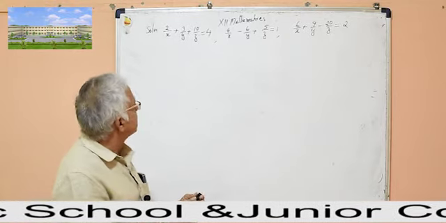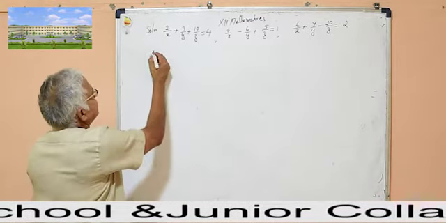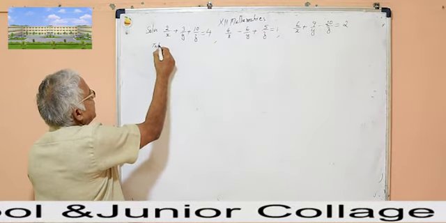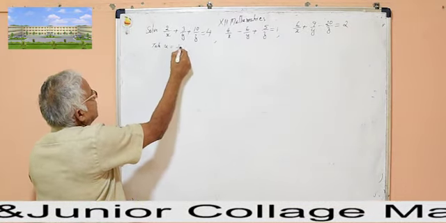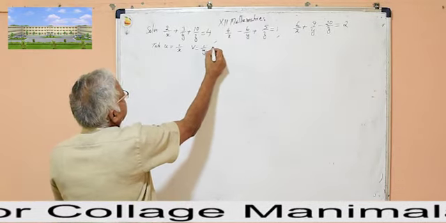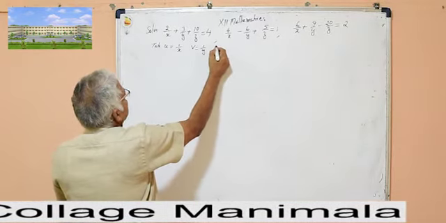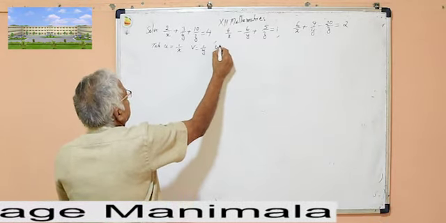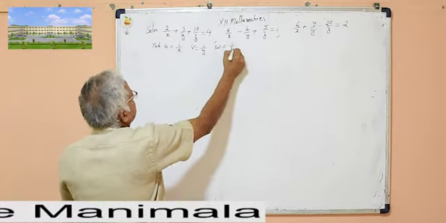So in this method we first take u = 1/x, v = 1/y, and w = 1/z.